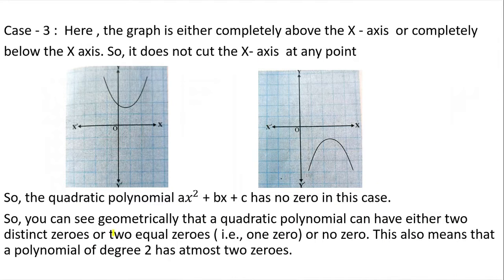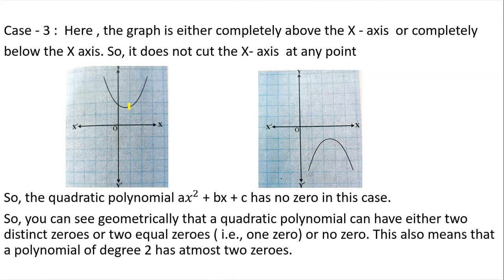Case 3: here the graph is either completely above the x-axis or completely below the x-axis. So, it does not cut the x-axis at any point. So, the number of zeros in this case is 0, since the graph does not cut or intersect the x-axis.